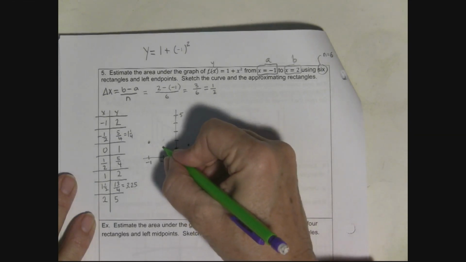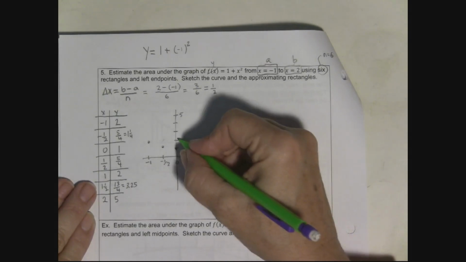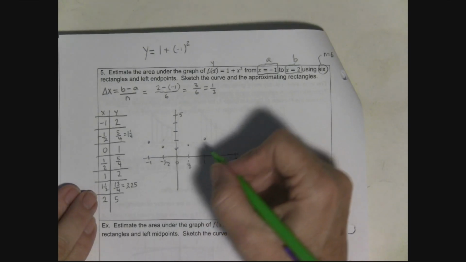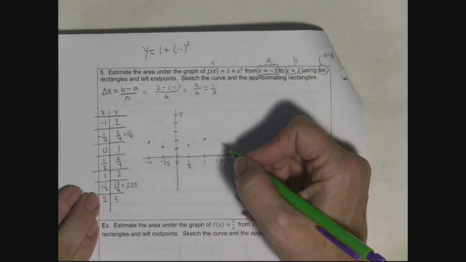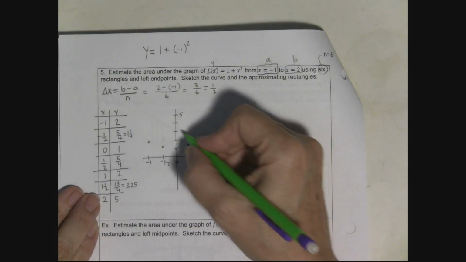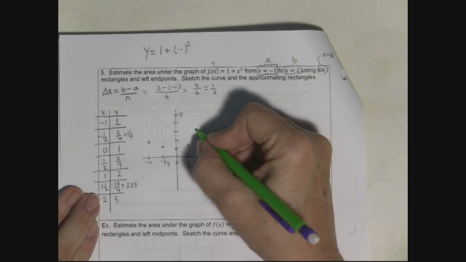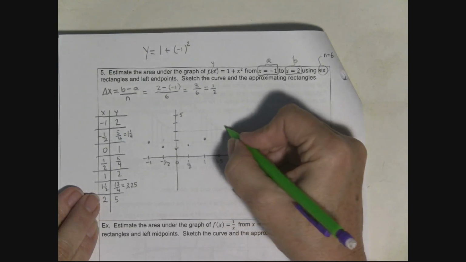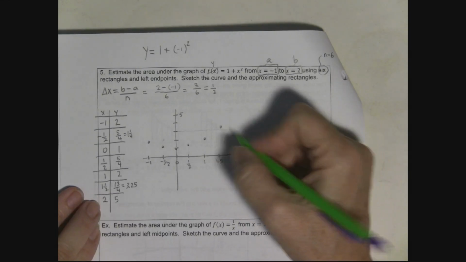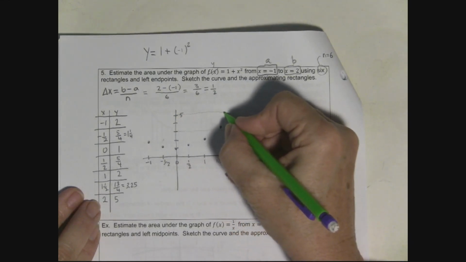And at 1, I was at a height of 2. Yeah, it'd have been better if I had grid paper here. At 1 1/2, but it's okay. It's just a sketch. So at 1 1/2, I was at 3.25. So here's 3. So I'm kind of making a little line here, 3 and 0.25. And at 2, I was all the way up at 5.